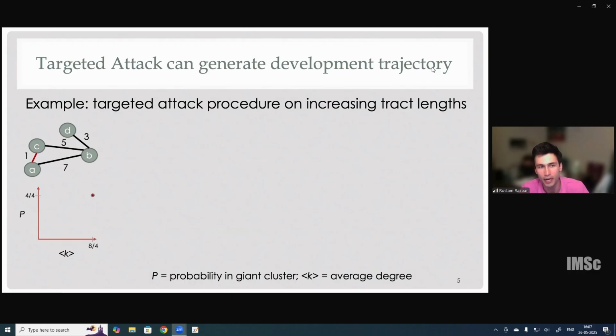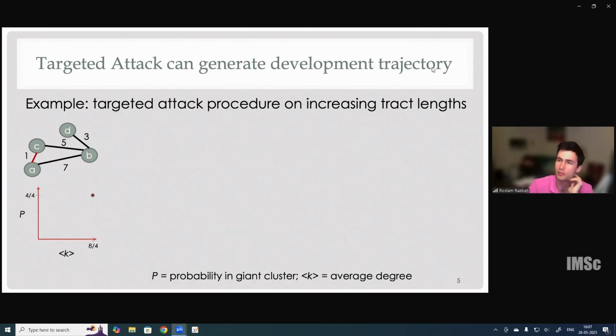At least at the time I was doing this project a couple of years ago, we didn't have access to developmental data from fetuses growing up to newborns. So instead, we tried to infer what that neurodevelopmental trajectory was. The approach we used, the in silico approach, was targeted attack.